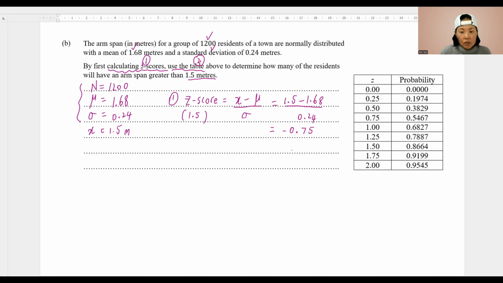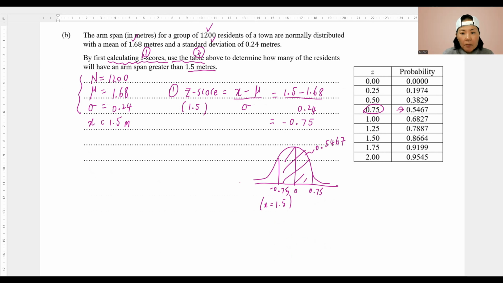That's my z-score. So in my bell curve, minus 0.75 and 0.75. So we are looking at these areas, which is here. That's 0.5467. Use the table, we convert it to the probability, the area.